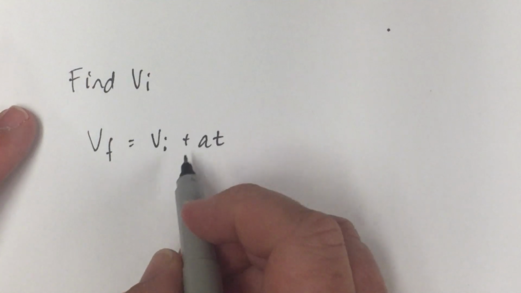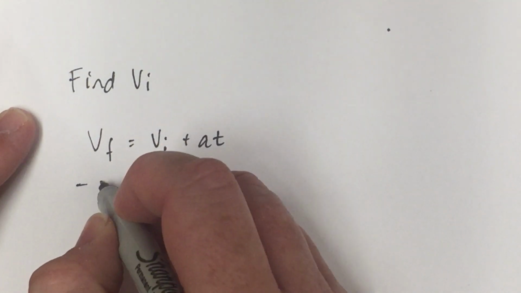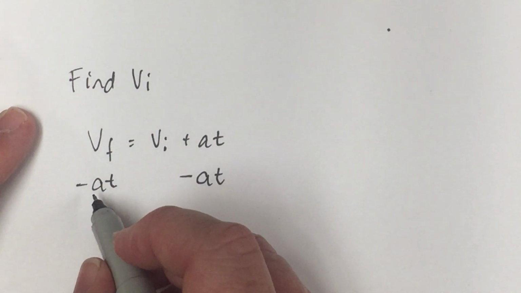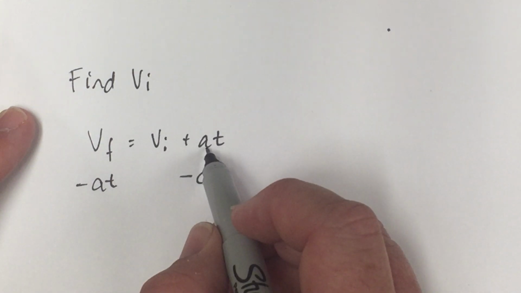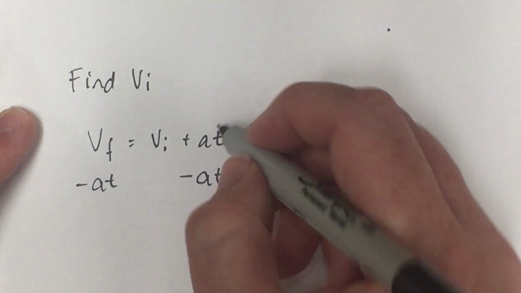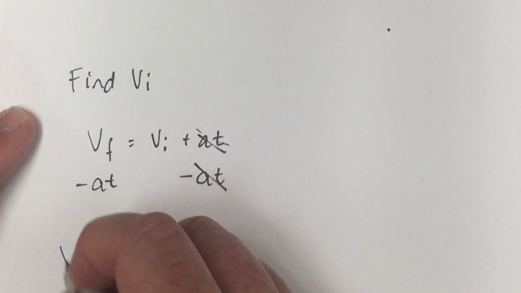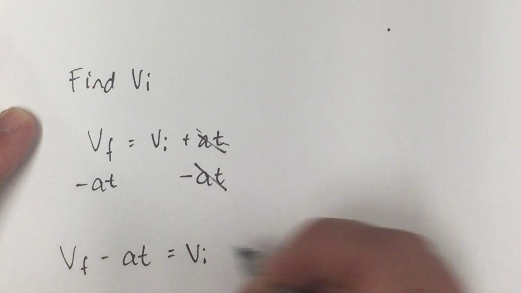If I'm solving for VI, I'll take and I'll subtract AT from both sides. Whatever you do to one side, you have to do to the other. It's like a seesaw. It'll balance it out. Well, if I take VI plus AT and then take that away, I cancel that out, and I'm left with VF minus AT equals VI.